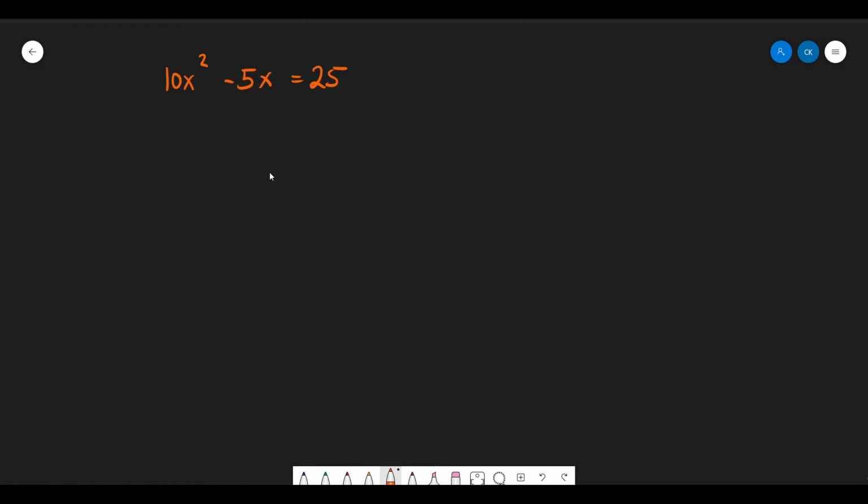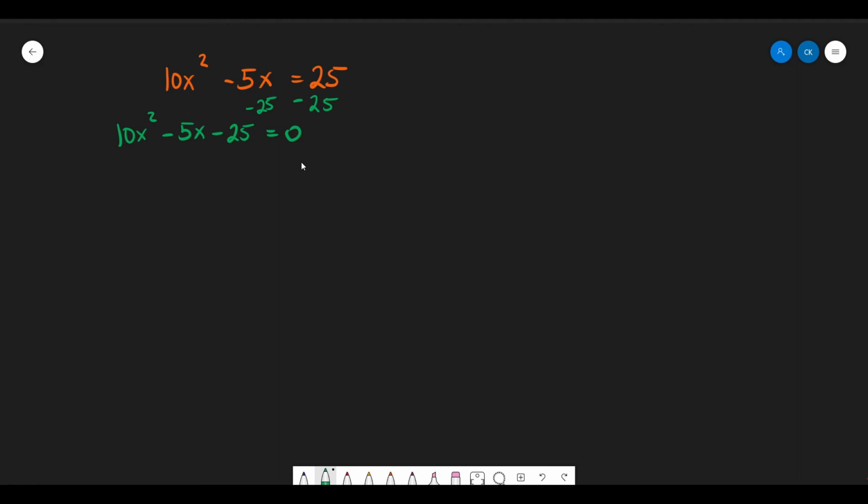So here, again, we see our equation. It is not equal to 0. The first thing I need to do, make it equal 0. So I am first going to subtract 25 from both sides. So I'm going to end up with the equation 10x squared minus 5x minus 25 equals 0.